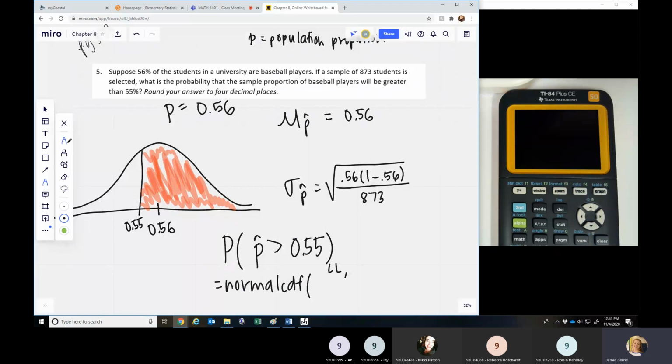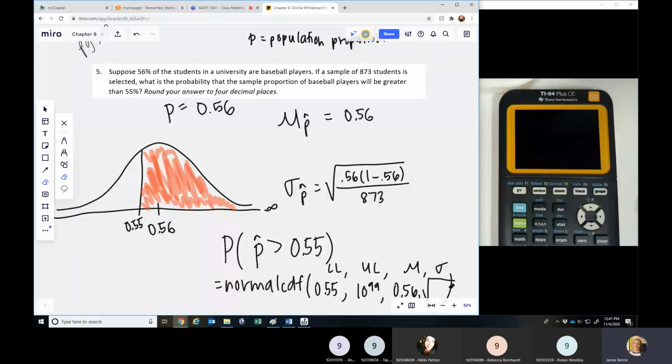It goes lower limit, upper limit, mean, standard deviation. Lower limit is 0.55. That's the lower limit of the shaded area. You read graphs just like you read sentences, left to right, so this would be the lower end. Upper limit would be way out here, positive infinity, so that's 10 to the 99, just a really big positive number. The mean is 0.56, and then we got that really long standard deviation formula.